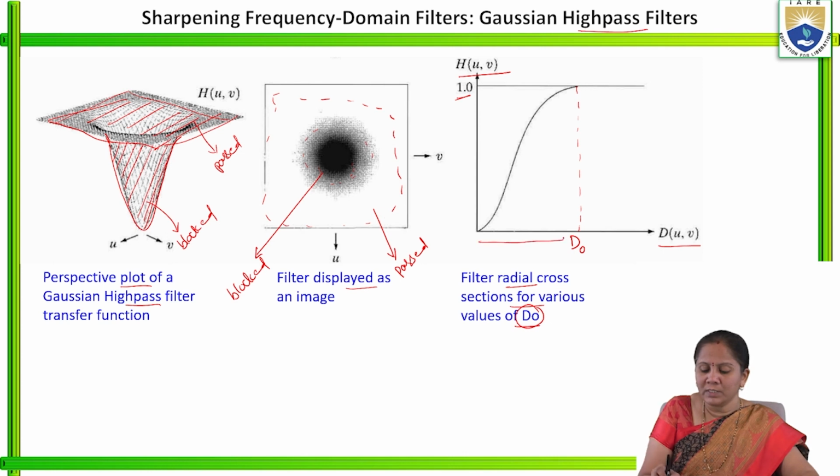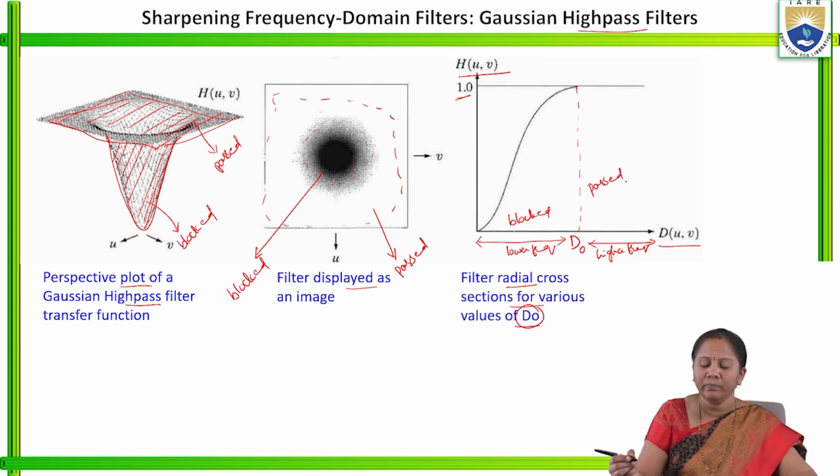The frequencies below the cutoff frequency are called lower frequencies and will be blocked, and the frequencies after the cutoff frequency are called higher frequencies and will be passed.